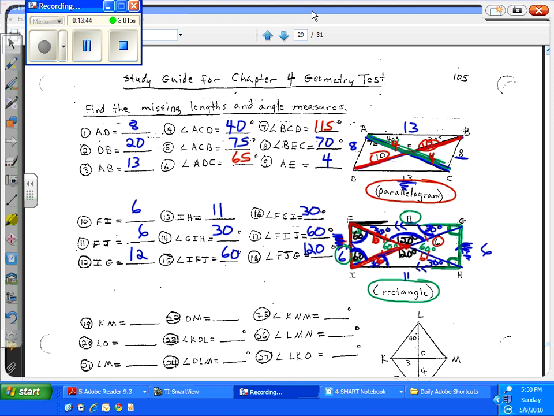And so then we have, if 2 angles of a triangle are equal, then the sides opposite those equal angles are equal. If 2 sides of a triangle are equal, then the angles opposite those equal sides are equal. So we got all that isosceles triangle stuff going on. Any questions on 10 through 18? Okay.